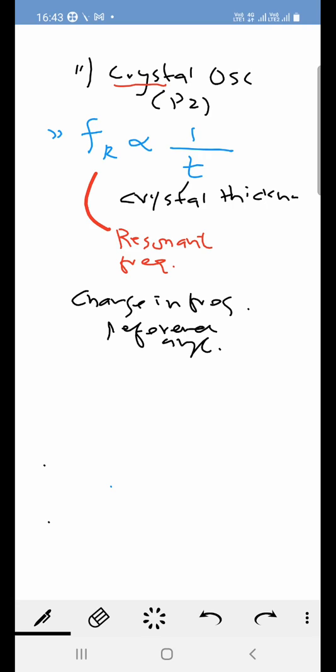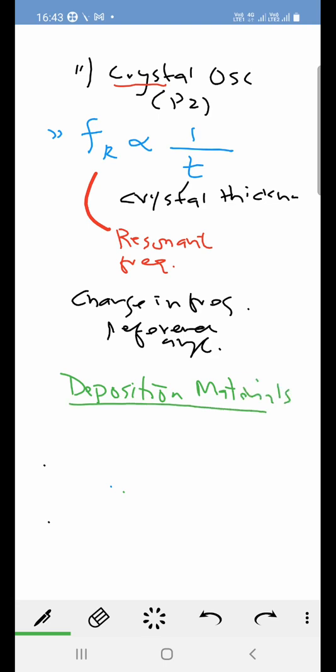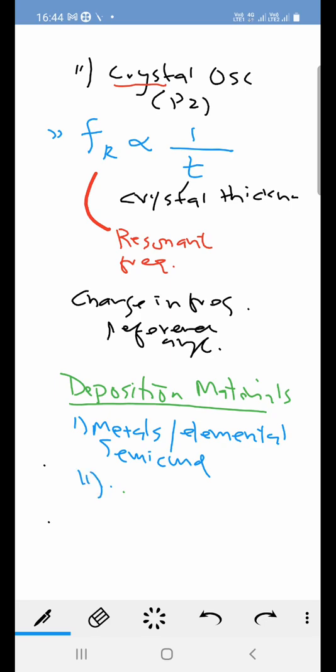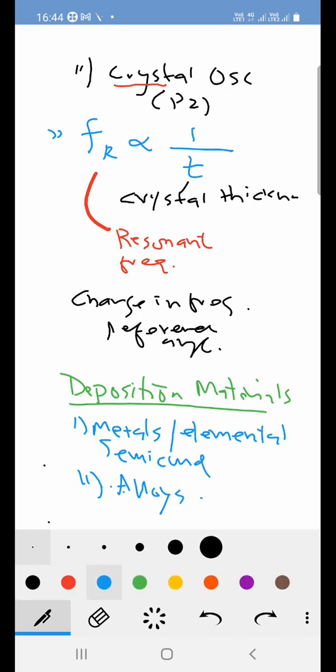Now, if we look into the deposition materials that we normally use, we are mainly concerned with metals, or elemental semiconductors, or alloys.